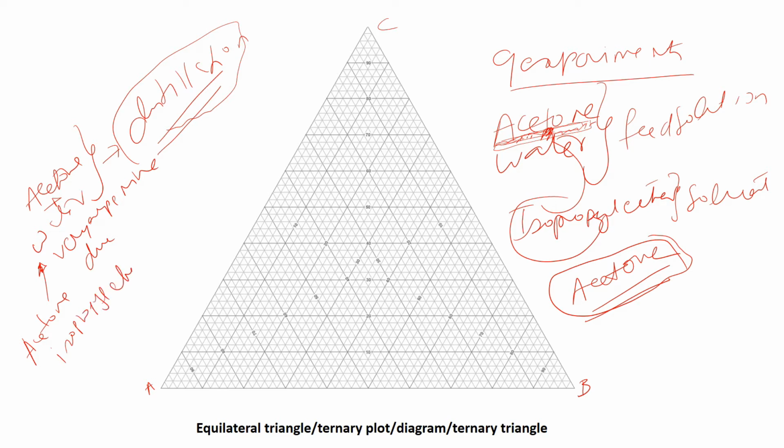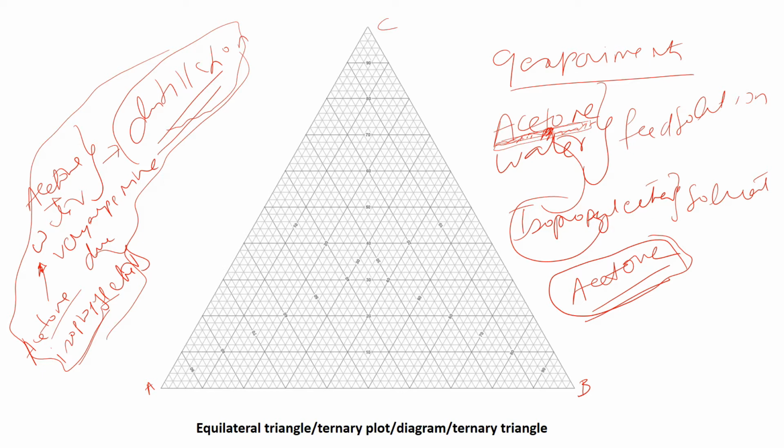You can easily evaporate one of the compounds followed by condensation, and then we can separate them easily. But anyway, you will know how to do these things from distillation. When I'm going to cover distillation, I will remind you of this problem: acetone, water, and then isopropyl ether. So that time you will get some idea.